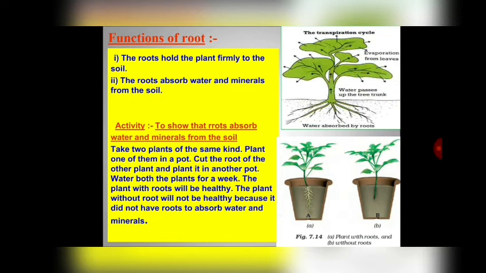We have watered them regularly for a week, equally, but plant A is healthier than plant B because plant A was getting water and minerals from the roots, but plant B did not have roots, so it did not get sufficient water and minerals from the soil.